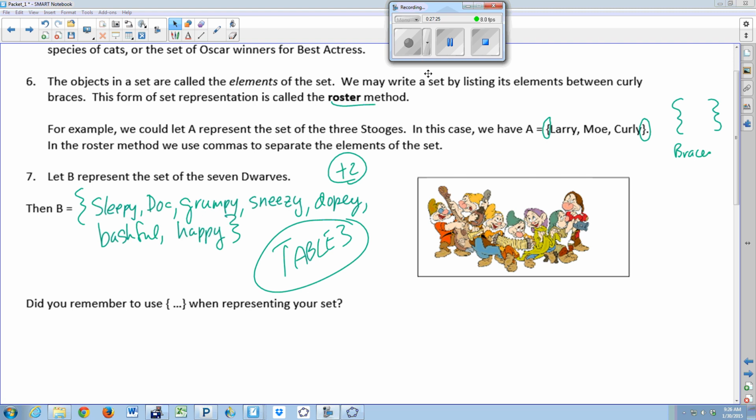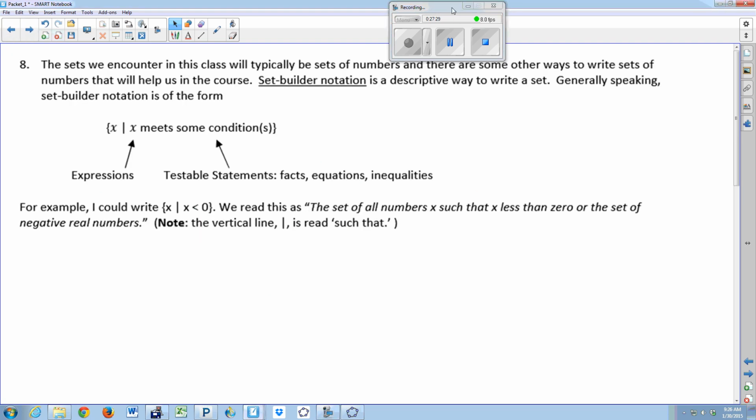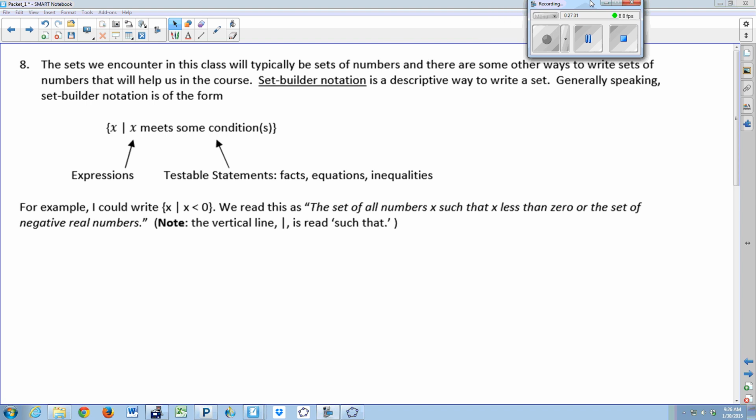Okay, so the very last thing we need to know before we start our class activity for today is another notation for sets, which is called set builder notation. So you want to read this for me, Ben, number 8?